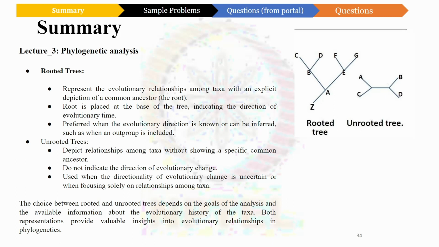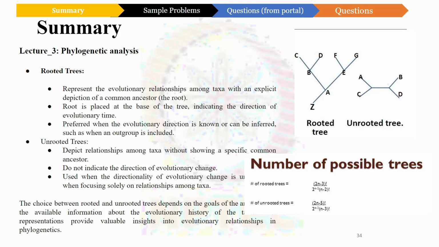Rooted trees are preferred when the directionality of evolution is known or when the inclusion of an outgroup allows for rooting the tree. Unrooted trees are used when the focus is solely on understanding the relationships among the taxa without making assumptions about the direction of evolutionary change. So both representations are important tools in phylogenetics and provide valuable insights into the evolutionary process shaping biodiversity.